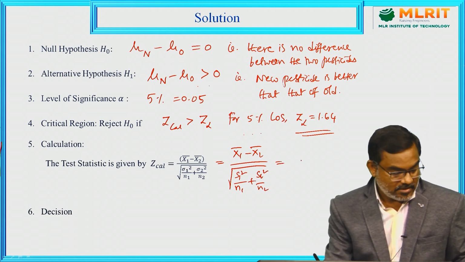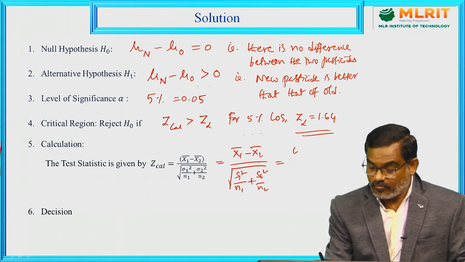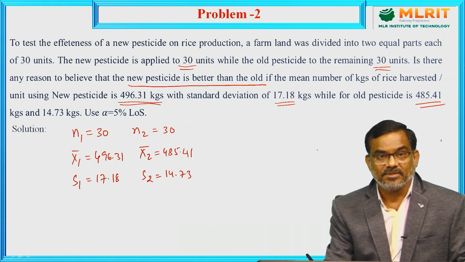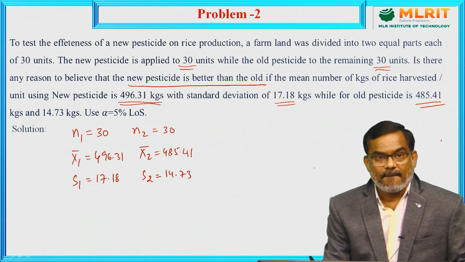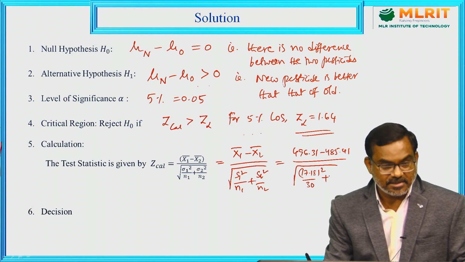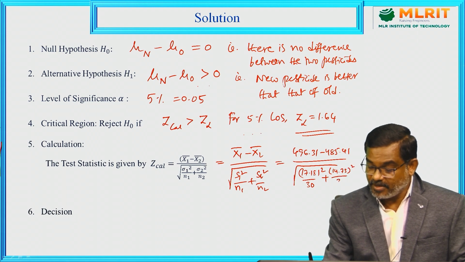And the data is 496.31 minus 485.41 divided by under root 17.18 whole square by n1 is 30 plus 14.73 whole square by 30.